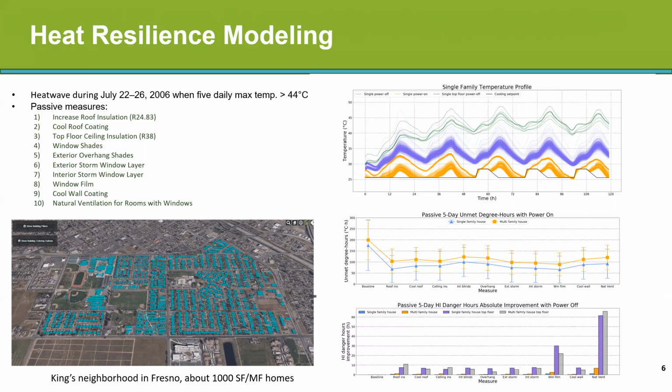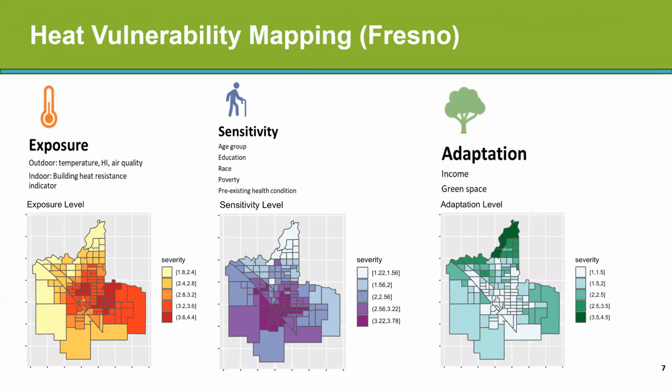Measures like cool roof, upgraded window frames to reduce solar heat gain, cool walls, and window shading are effective in reducing the indoor heat risk.